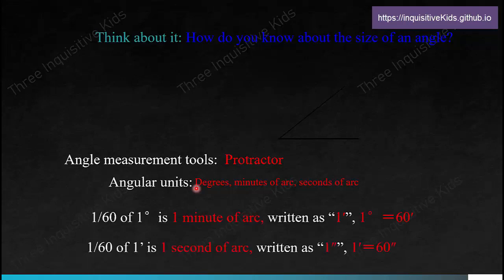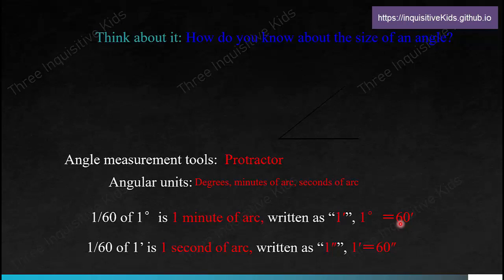Now here's where we have to start paying attention. 1/60th of 1 degree is 1 minute of an arc, written as 1 with an apostrophe. So 1 degree is equal to 60 minutes of an arc. Pay attention to the words minute of an arc. Why is it called a minute?